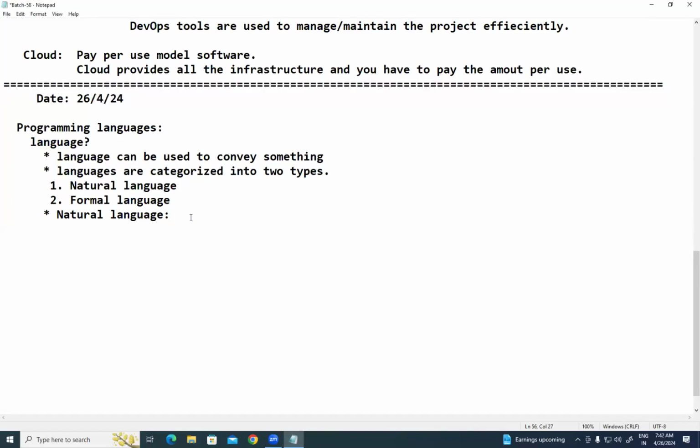Folks, tell me, natural language means what? Human beings, right?